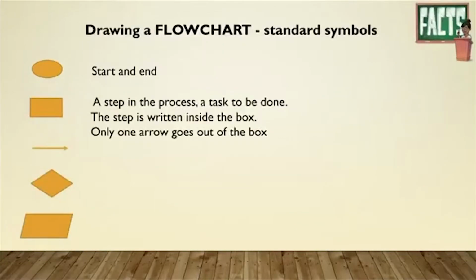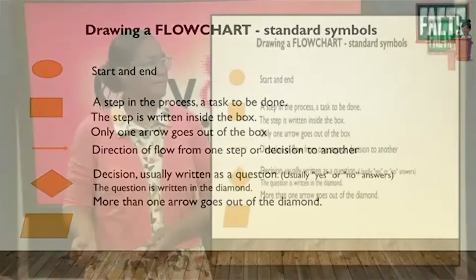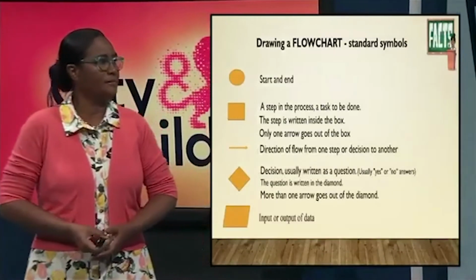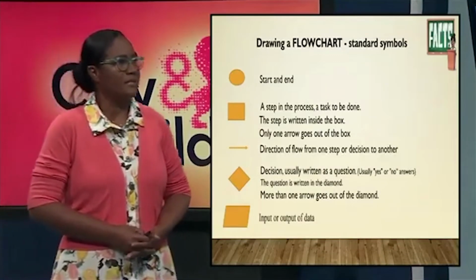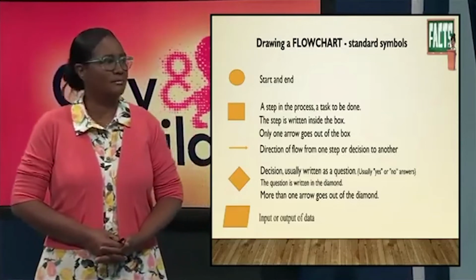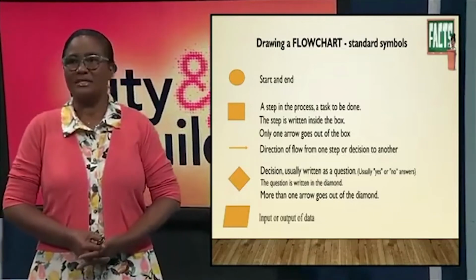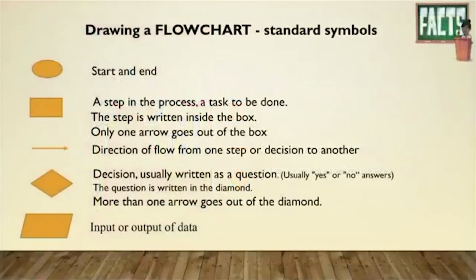So let us look at them in more detail. As we said, these are what they are for. So the rectangle in particular, let's take a closer look at that one. It is a step in the process to be done, which is different from the parallelogram that looks at the input and the output of data. So if I'm choosing a number, then that would be something to start me off. That's not part of the process per se.